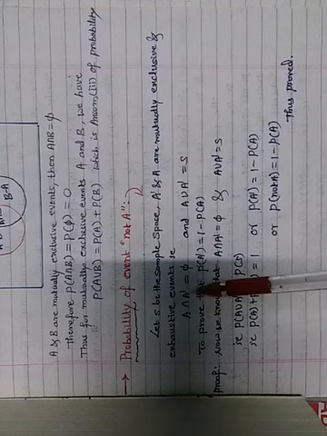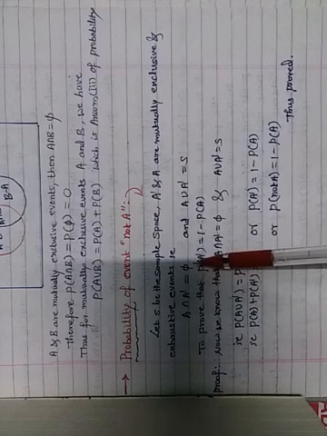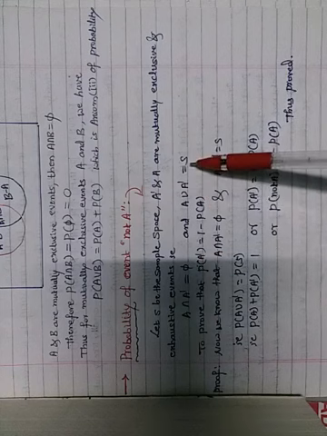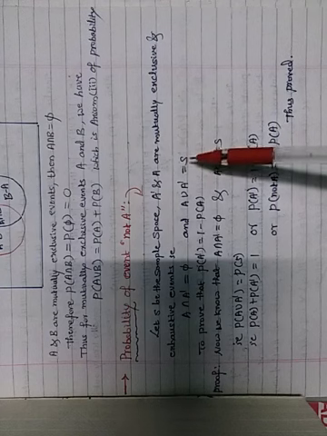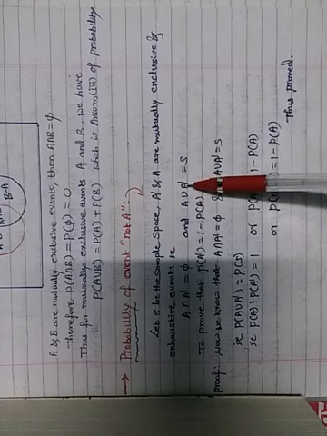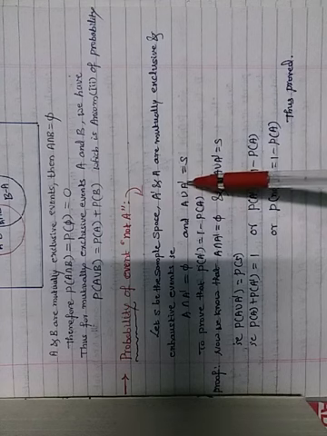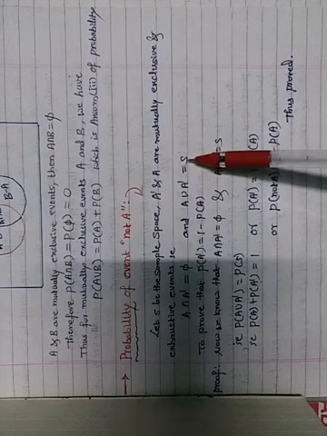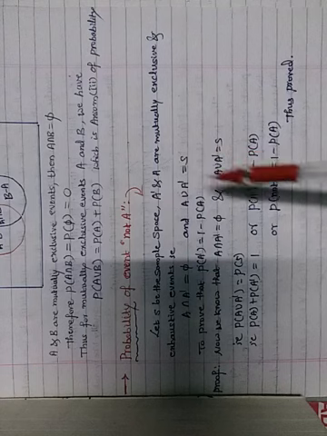A intersection A dash is equal to the null set and A union A dash is equal to capital S, the sample space, because A union A dash, the complement of A and A, gives the universal set. Here instead of universal set, he has taken the sample space.